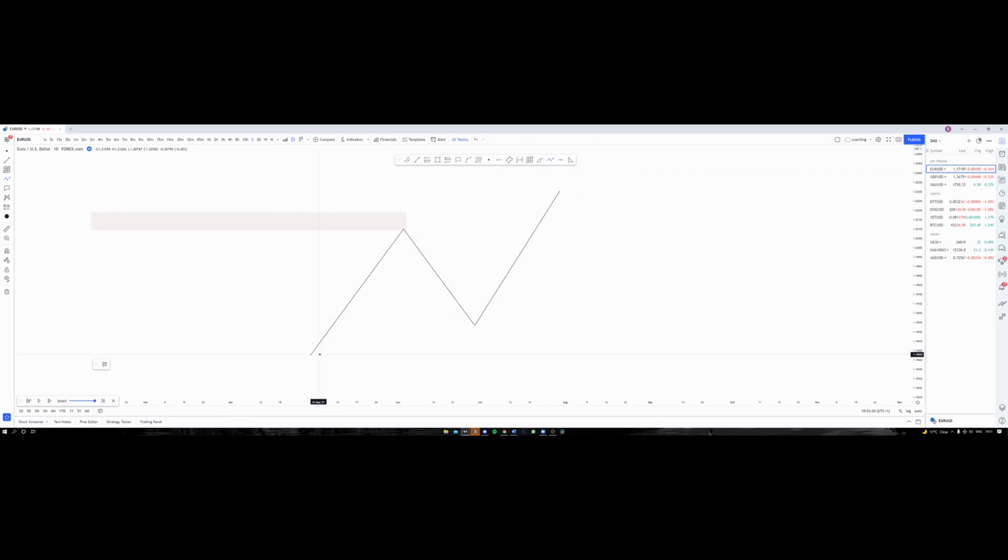The way we do this mainly is by using 4 hour and 15 minute combined. Within this daily leg you're going to have 4 hour structures like this, like this.